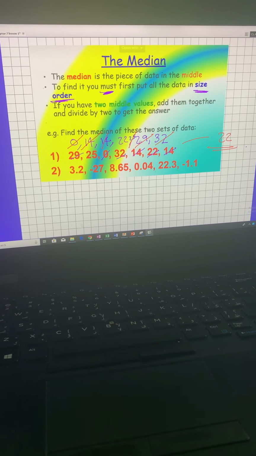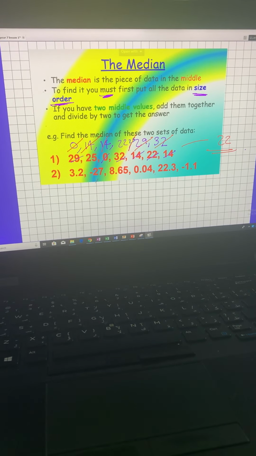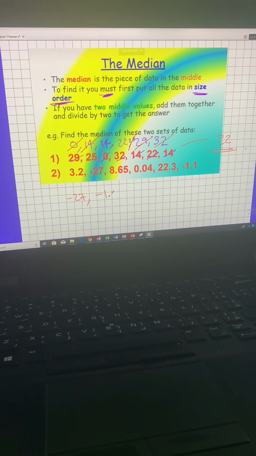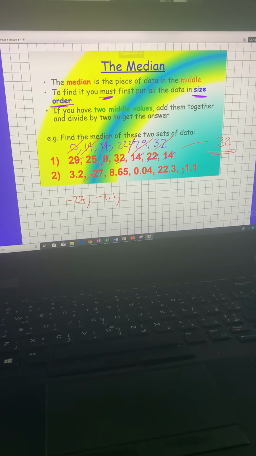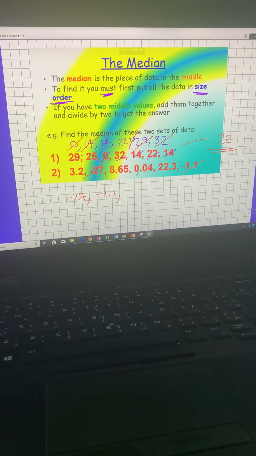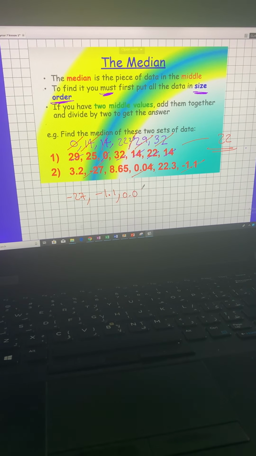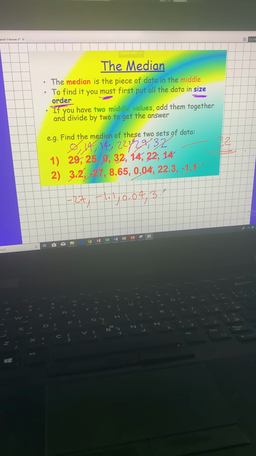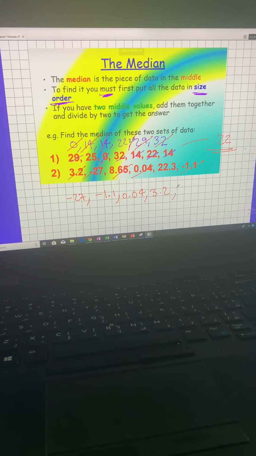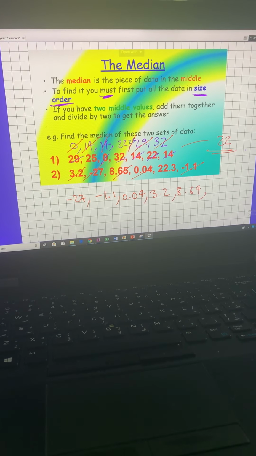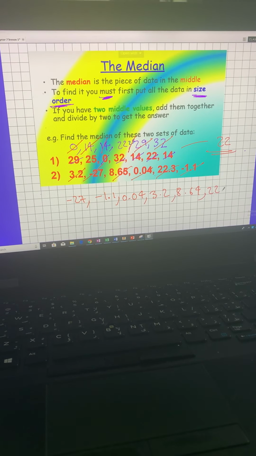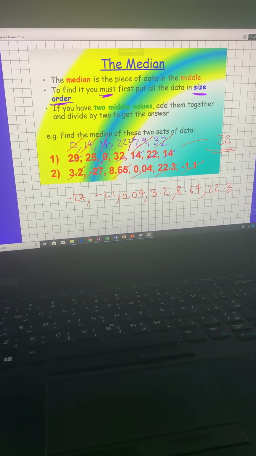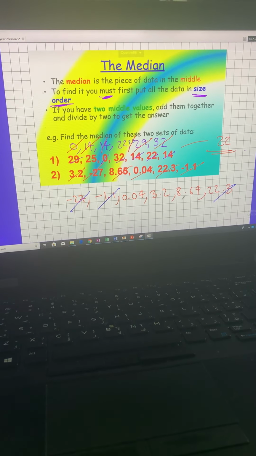Let's try the bottom one. Again, let's order it by size. So the smallest one is minus 27, then minus 1.1. Let's cross them out so I don't get confused again. Then 0.04, 3.2, 8.64, and the last one 22.3. So let's cross them out. That one goes with that one. That one goes away with that one.